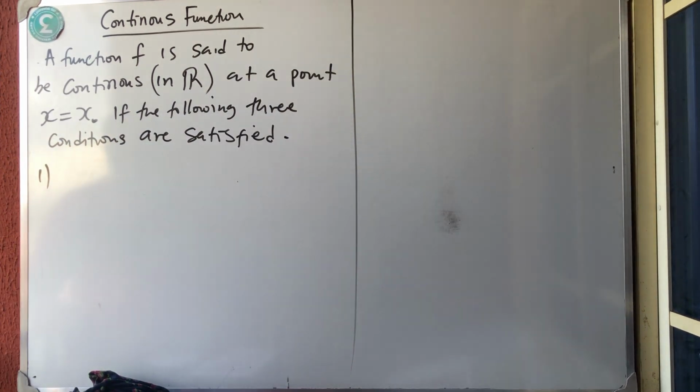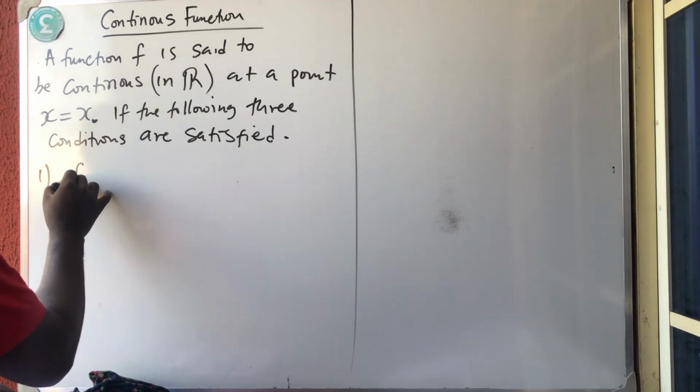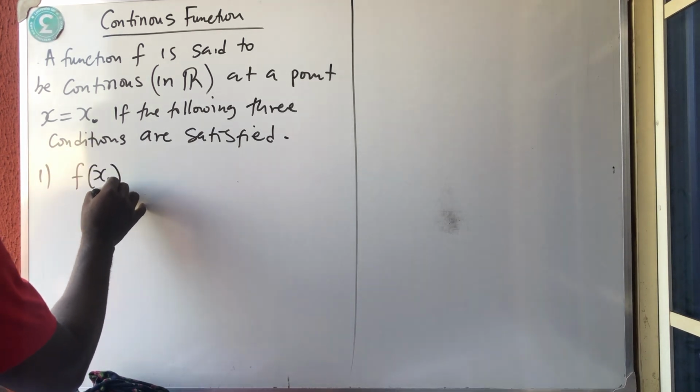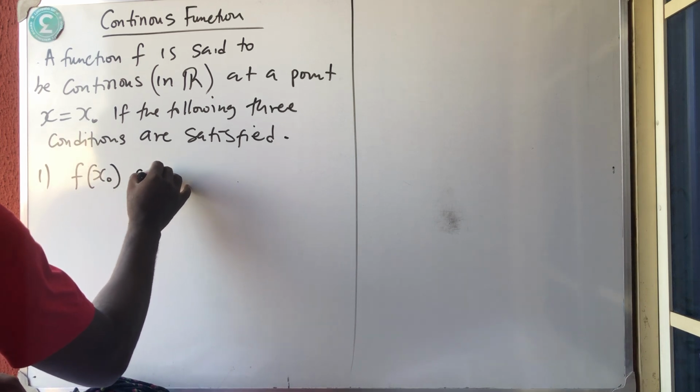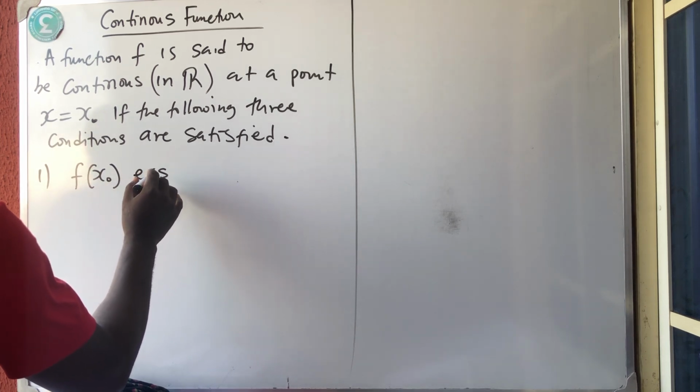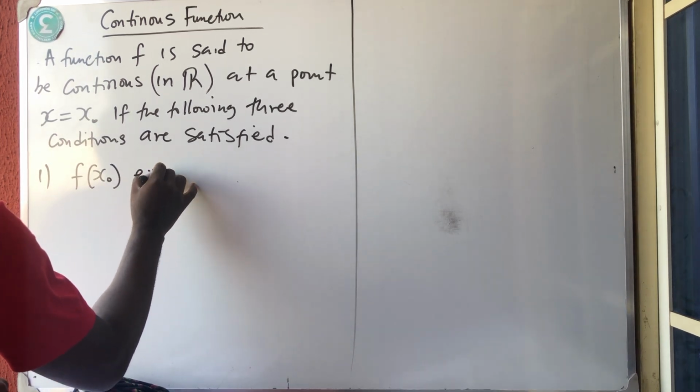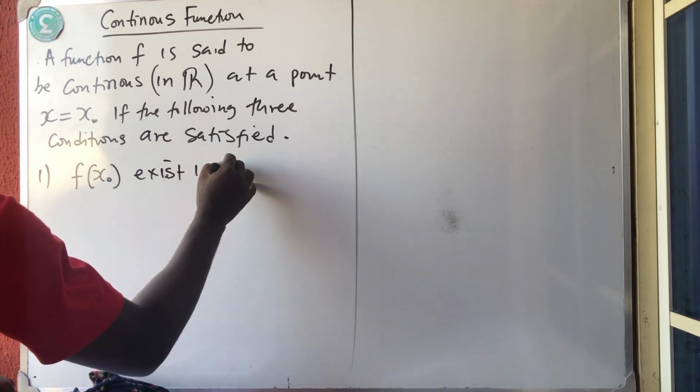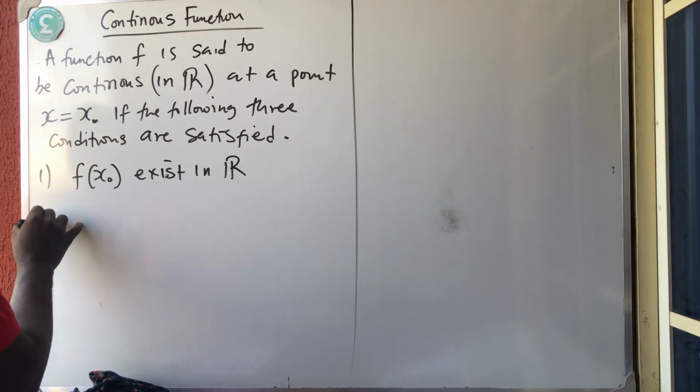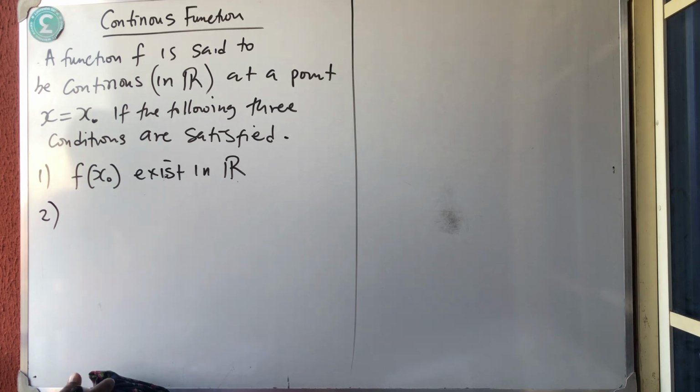Number one, the first condition is that f of x naught exists in R, in a real number. Number two, the limit equally exists.